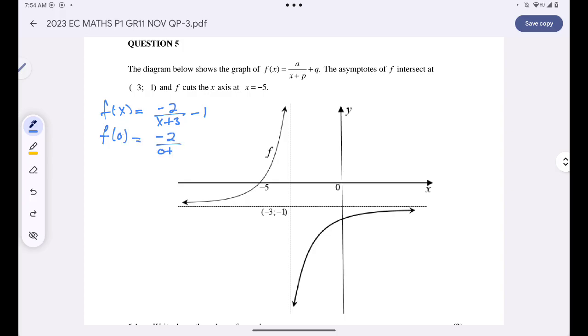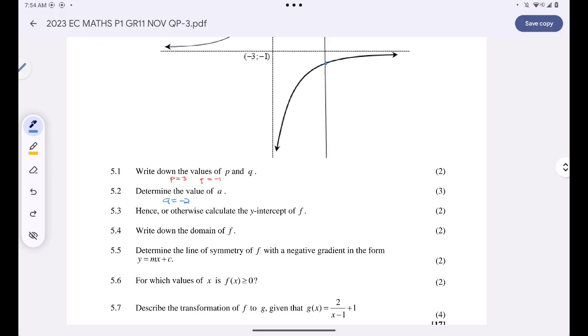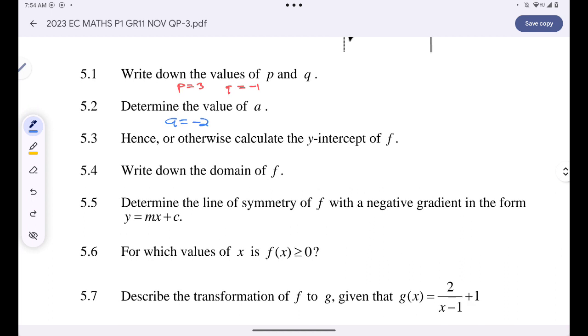So when x is 0, what is the value of y? -2 over 0 plus 3, minus 1. This will give me -5 over 3. So the coordinates of the y-intercept, I know that x is 0, y will be -5 over 3.